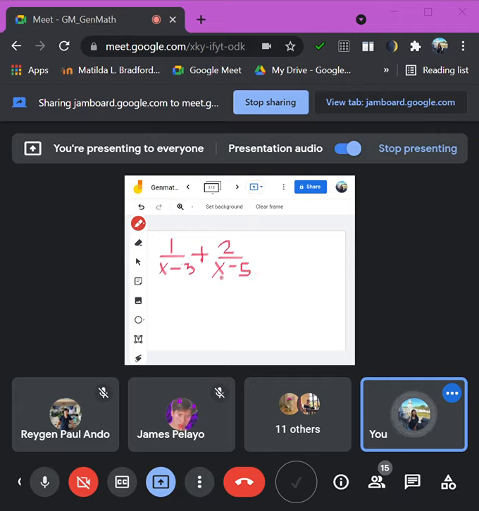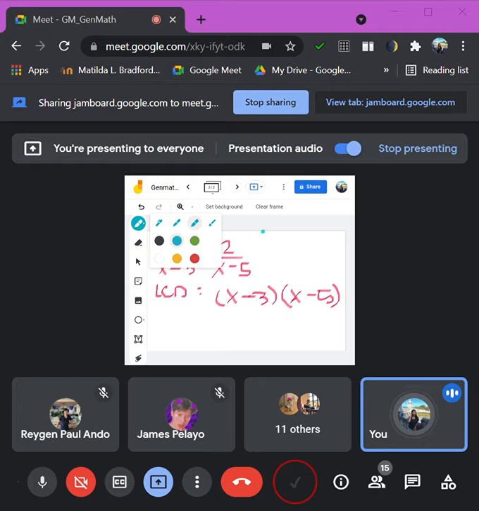We have x minus 3 and x minus 5. So the LCD could be the quantity x minus 3 times x minus 5, or you can use the FOIL method, or expand it.